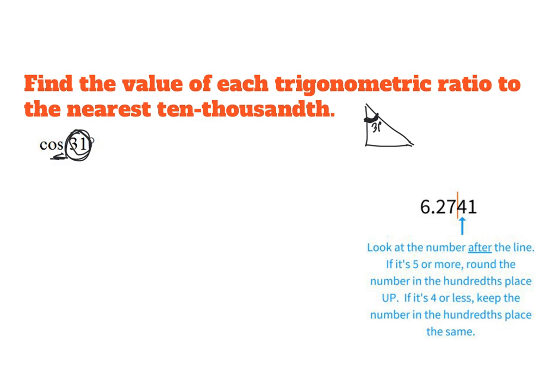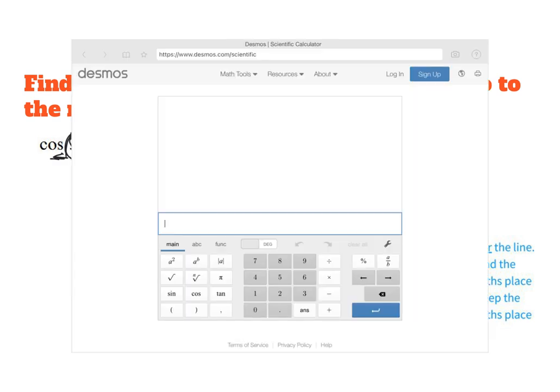I'm going to go ahead and open up a calculator. I'm going to use the Desmos scientific calculator. Your Edulastic also has a scientific calculator that comes up, and your phones have scientific calculators, but for this specific one, your phone might not give you the correct answer because there are certain settings that you need to make sure your calculator has.